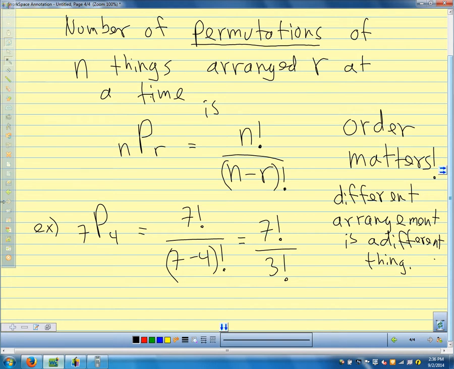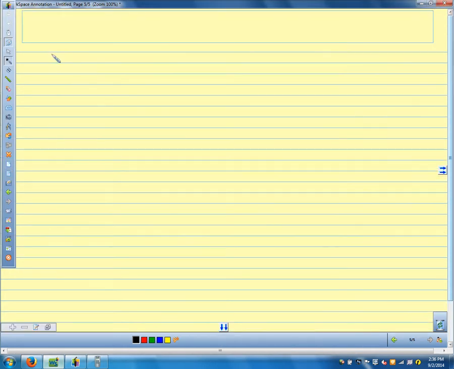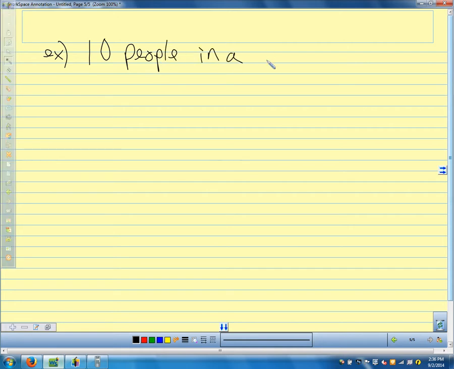So let's look at an example of a permutation. We have 10 people in a race. How many ways can we have a first, second, and third place finisher?